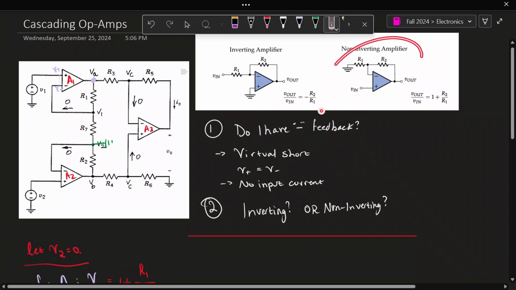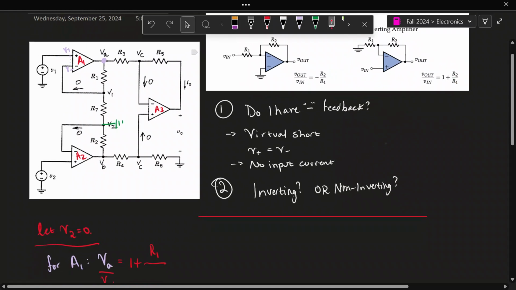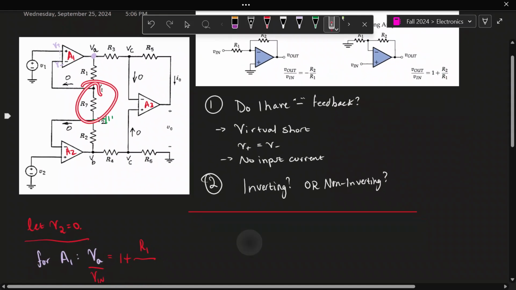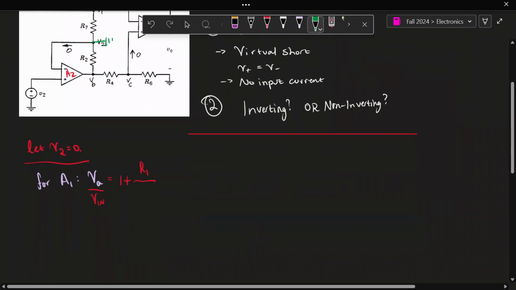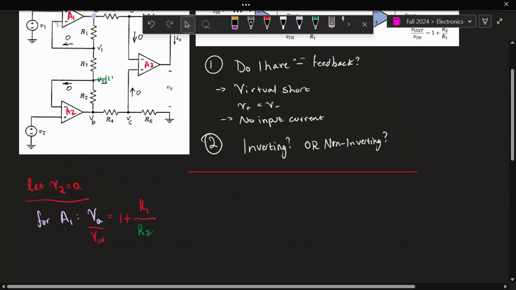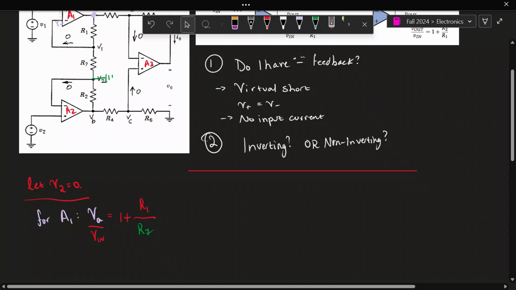R1 on the non-inverting amplifier over here is R7 for our circuit. So we have 1 plus R1 over R7. That's what VA over VN is. So really we can write VA is equal to VN, or V1, sorry, times 1 plus R1 over R7.